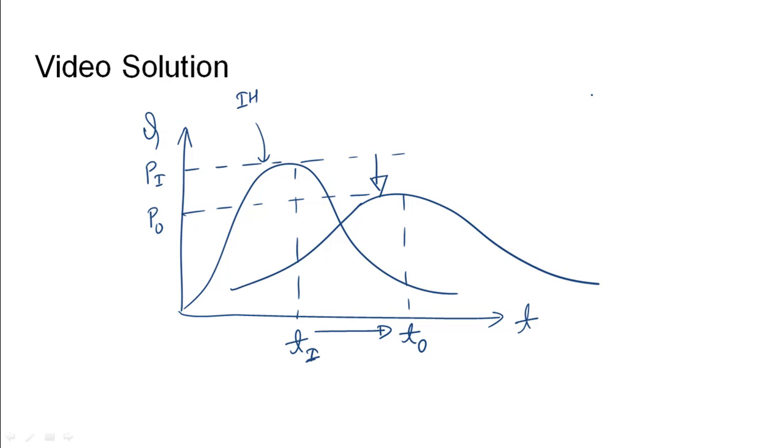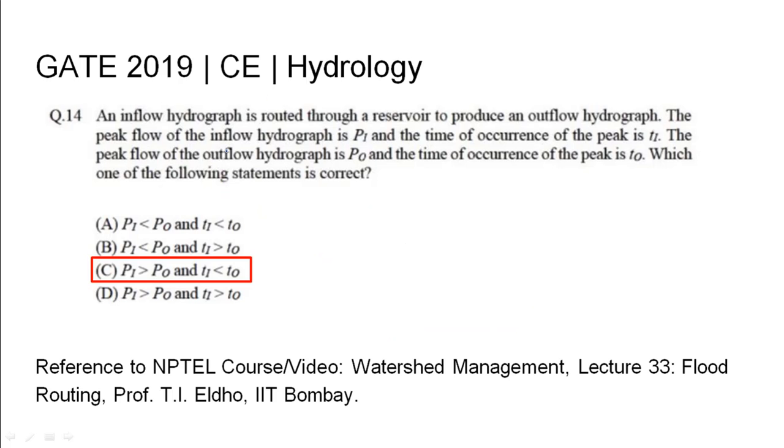So as it can be seen from the diagram, Pi is greater than Po, that is attenuation has happened, and secondly the time of occurrence of the outflow hydrograph's peak will be greater than the time of occurrence for the inflow hydrograph's peak. An inflow and outflow hydrograph are given whose peak flow and time of occurrence of the peak is given.